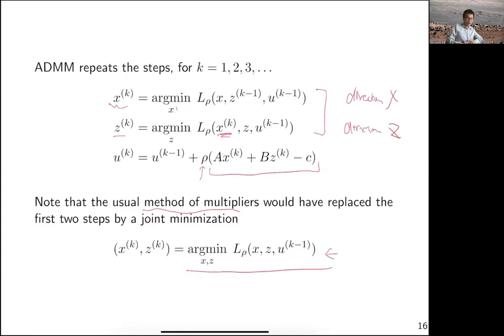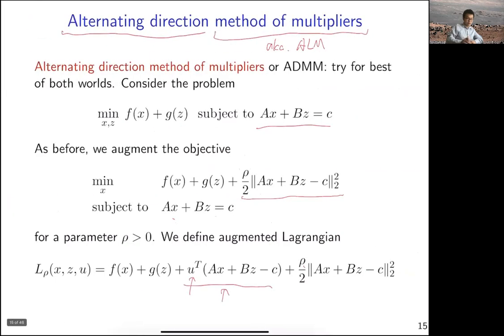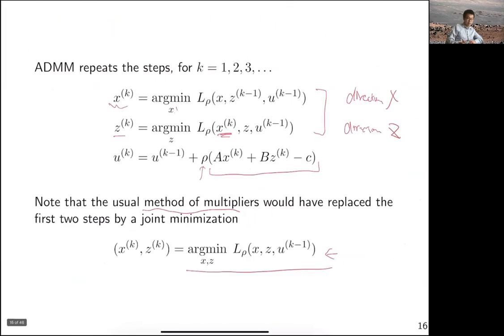Even if f decomposes into x1 to xb, the Lagrange multipliers won't really decompose. However, in the ADMM updates, as we'll see from the examples that will come up, this is actually okay.